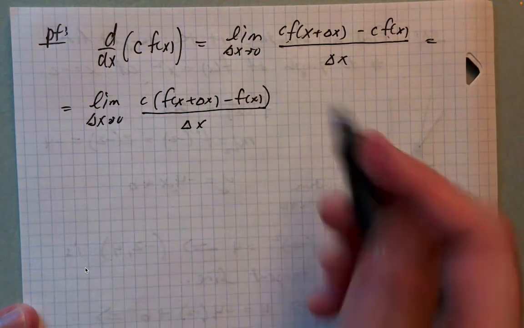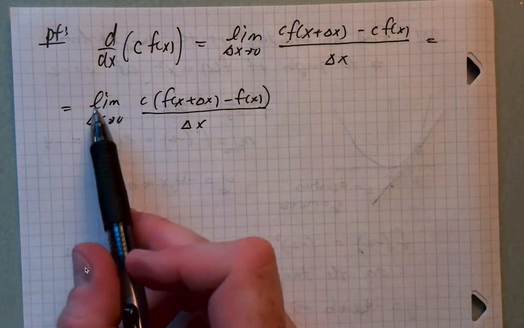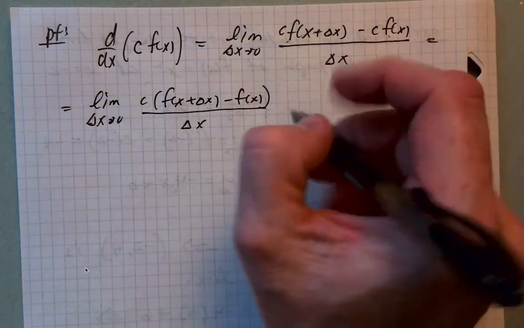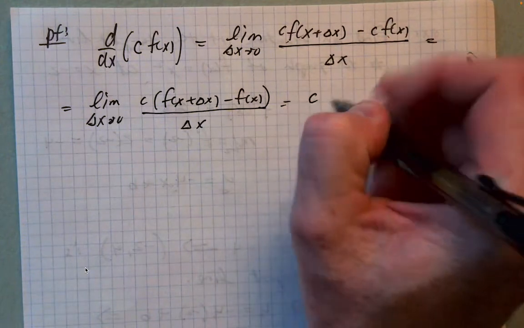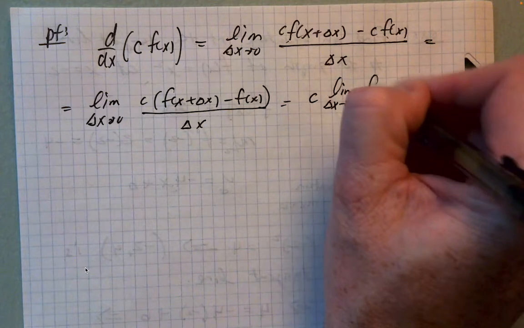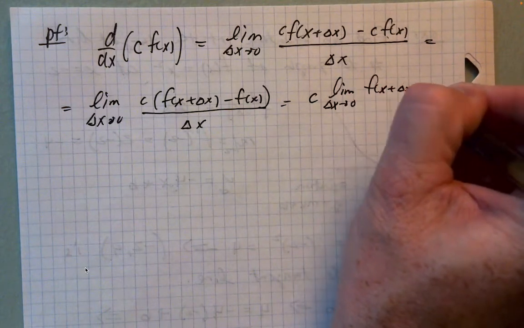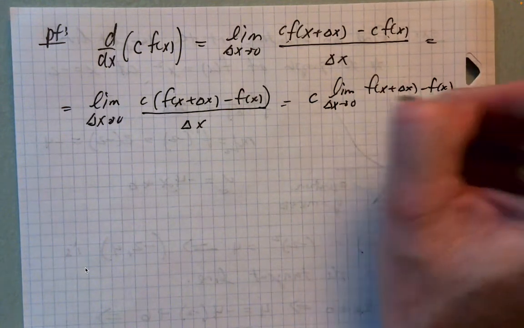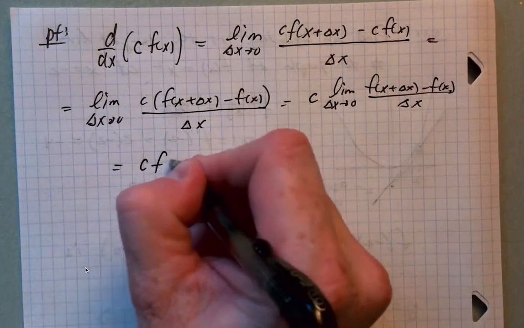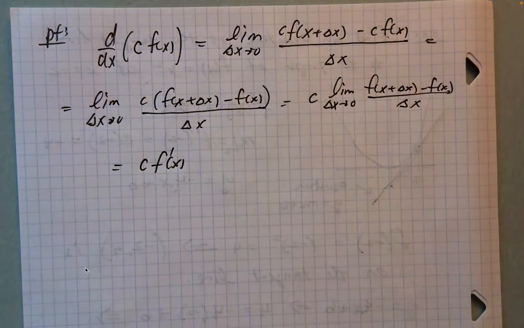Right, no problem. And a constant, we know when we're talking about limits, we know that for a constant times a function, the limit, you can pull the constant outside of the limit. So we can pull the constant out like so. And we're just left with the usual here, which is obviously just that. Okay.